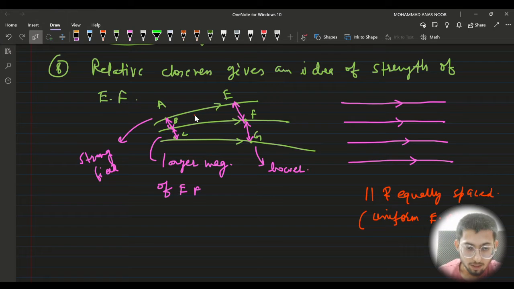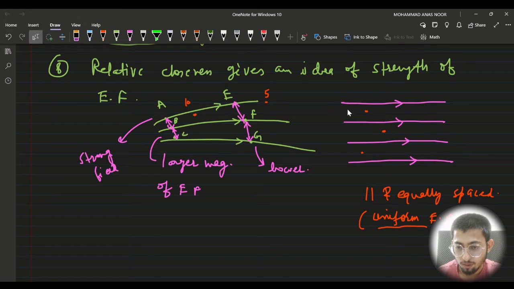Let's say here the electric field is 10 newton per meter, and here it is 5 newton per meter. It is differing because the electric field lines are neither parallel nor at equal distance between them. But in case of a uniform electric field, the electric field at every point would be the same.